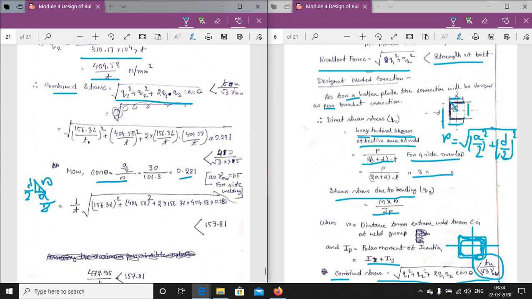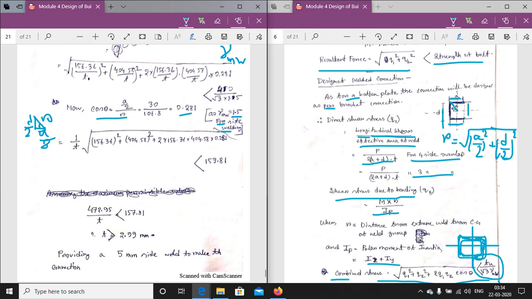Now for shop welding versus site welding, for site welding the value of gamma mw is equal to 1.5. So the value is 157.81. After getting all the calculation done, it is 472.95. So t should be greater than 2.99, providing a 5 mm site weld to make the connection.